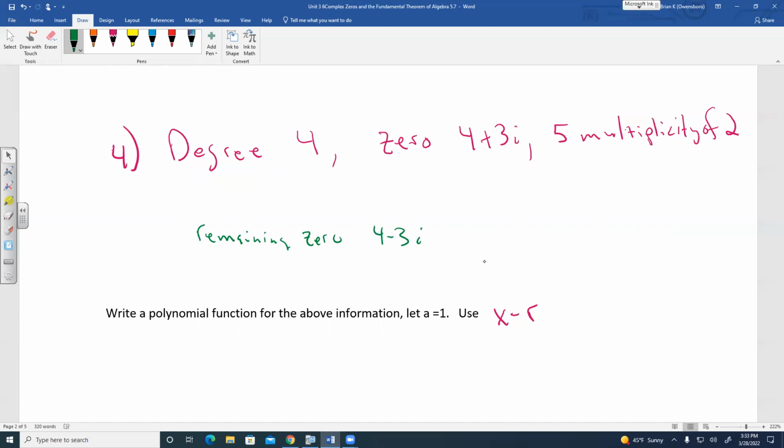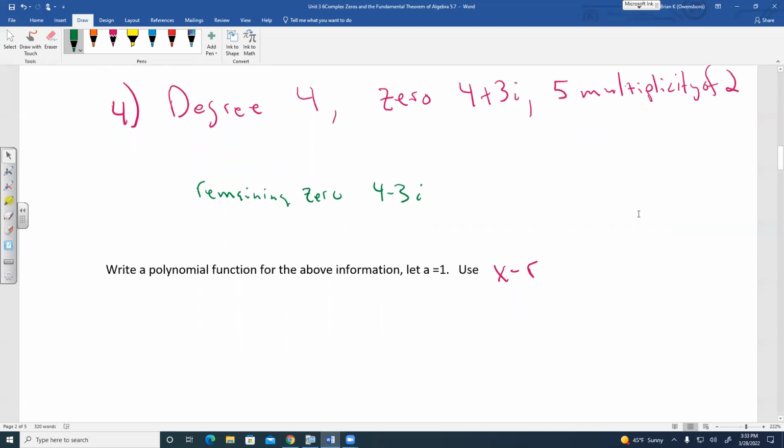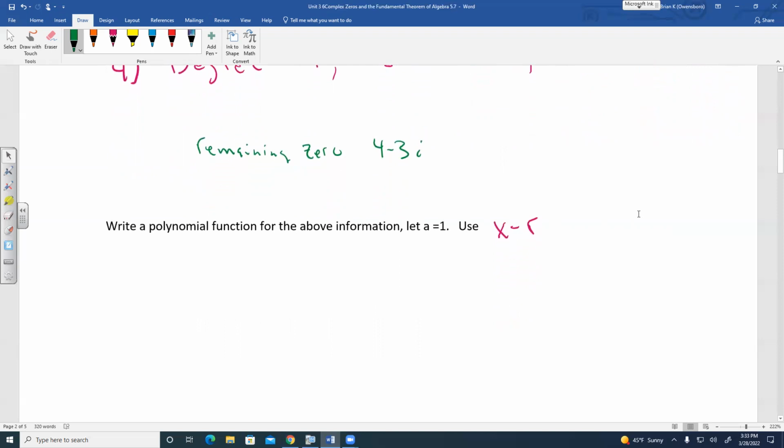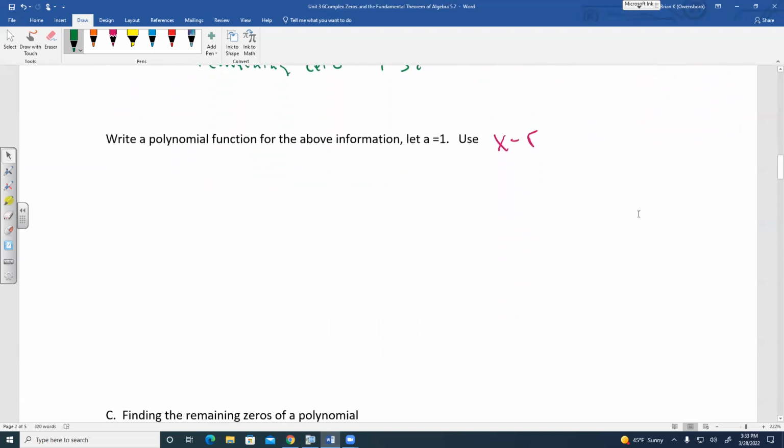So there's a 4 plus 3i, there's a 4 minus 3i, and since the 5 has a multiplicity of 2, that would be degree of 4 altogether. So there's the conjugate part, and then the 5 repeats twice. So we do have 4 zeros there, just the 5 occurs twice.